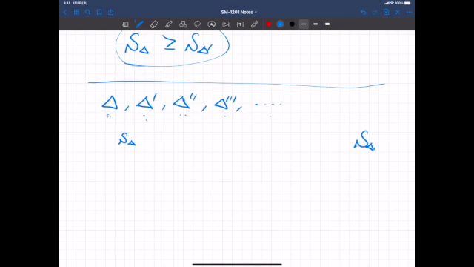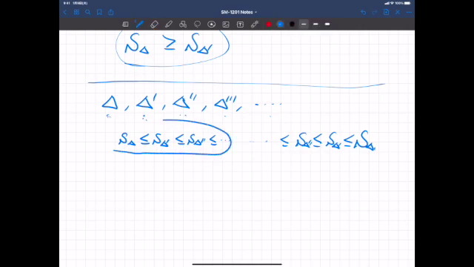Okay, so after each refinement, the lower Riemann sum is greater than or equal to the previous lower Riemann sum. So this lower Riemann sum keeps getting greater and greater. On the other hand, the upper Riemann sums become less and less. Okay, and so on.